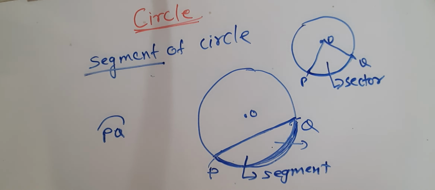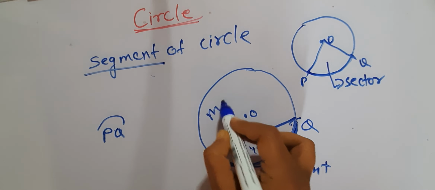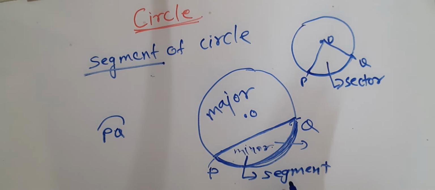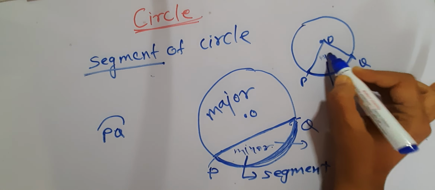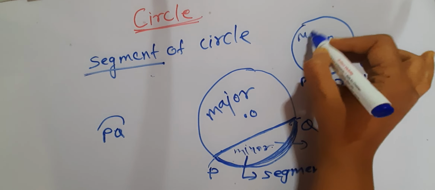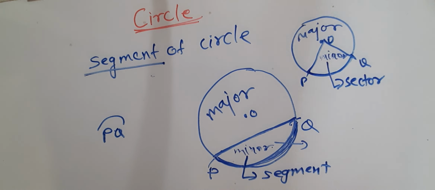The region bounded by the chord of the circle along with the arc of the circle is known as a segment of the circle. Similarly, like sector, we have minor segment and major segment. Here also we had minor sector and major sector, but a sector consists of radii and a segment consists of a chord. That's the difference between sector and segment.